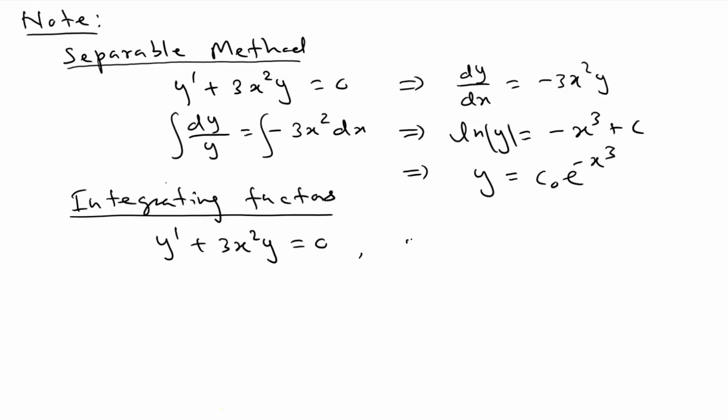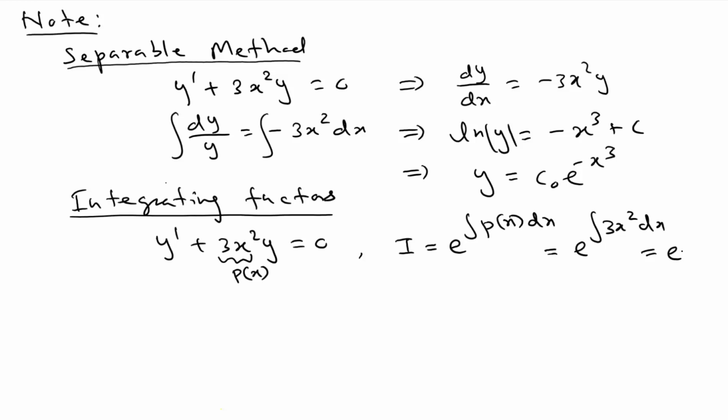The integrating factor is e to the integral of p(x) dx, that's the p function. In this case it is e to the integral of 3x squared dx. That's very easy to integrate, so you get e to the x cubed. Then what we do next is we write d/dx of y times the integrating factor.